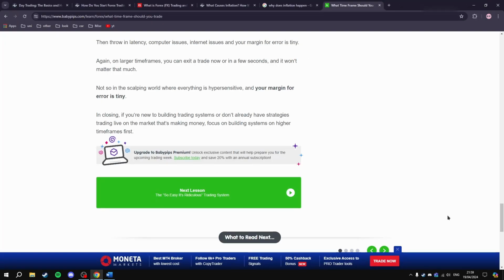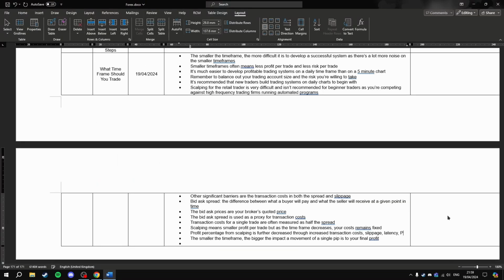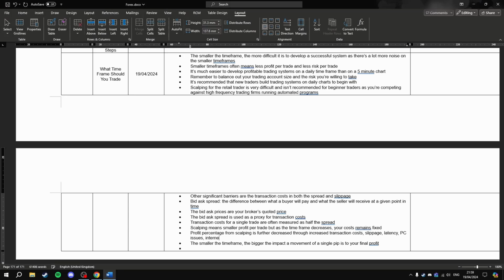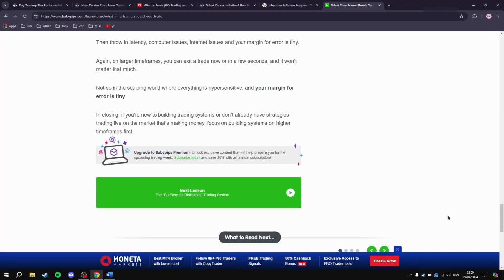Again, on larger time frames, you can exit a trade now or in a few seconds, and it won't matter that much. Not so in the scalping world, where everything is hypersensitive and your margin for error is tiny.